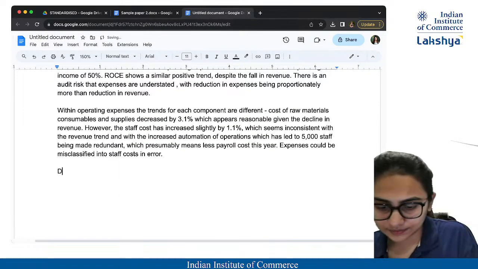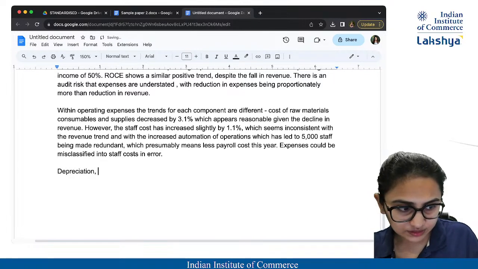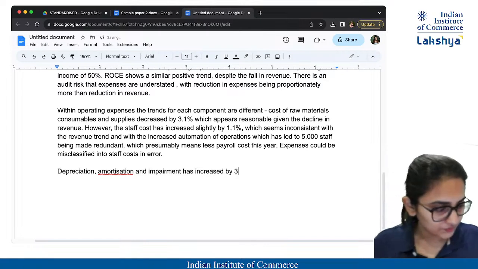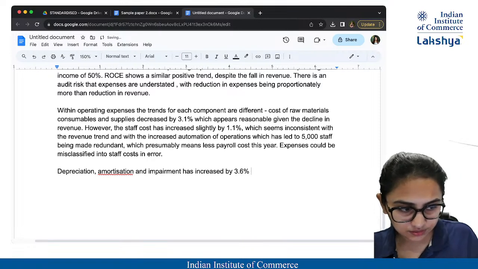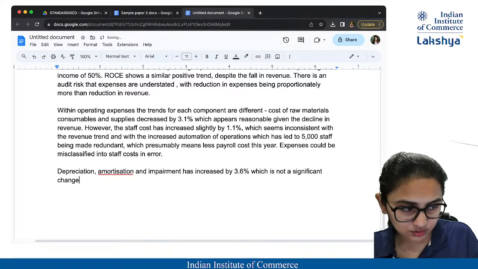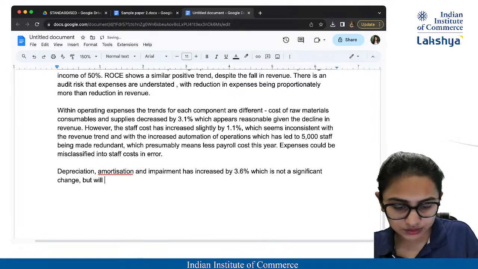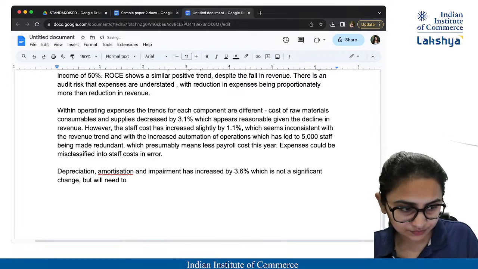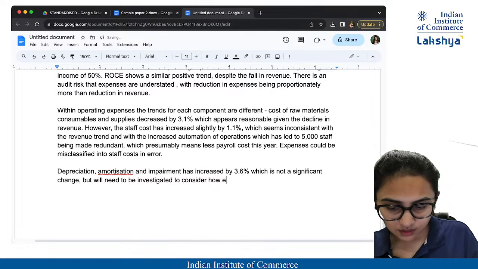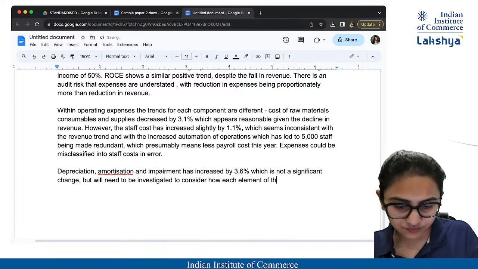So depreciation, amortization and impairment has increased by 3.6%, which is not a significant change, but will need to be investigated to consider how each element of the category has changed in the year.